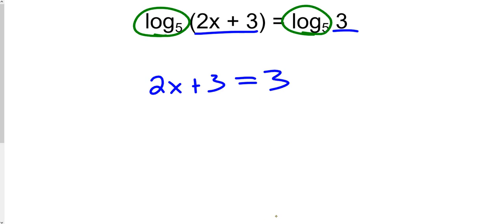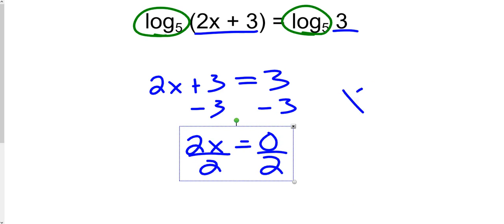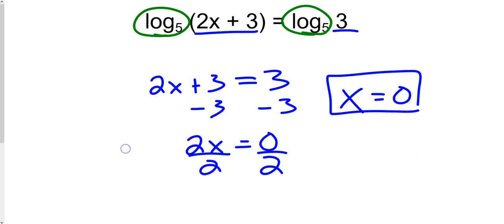And now all you've got to do is solve it. So you're going to subtract 3. That gives you 2x equal to 0. Divide by 2, divide by 2. X is 0. See, that's what I was talking about a couple minutes ago. If you have the same logs, then set their x parts equal to each other. See, nothing crazy. Really straightforward. Okay?